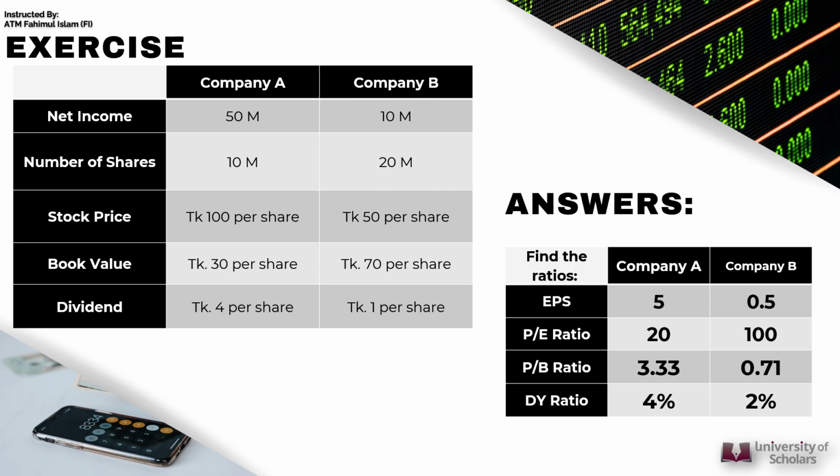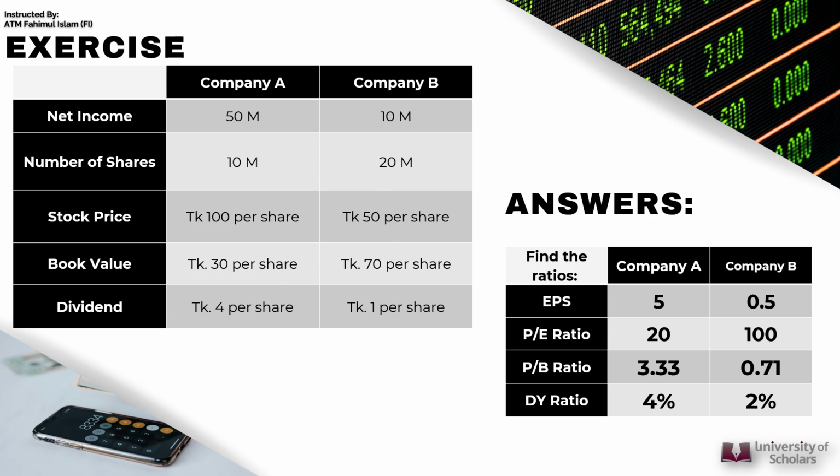The price to earnings ratio indicates that the investors of company A are willing to pay 20 taka for every 1 taka of the company's earnings, which might indicate that investors have higher confidence in the future growth potential of company A, as they're willing to pay a higher price relative to the earnings it generates.